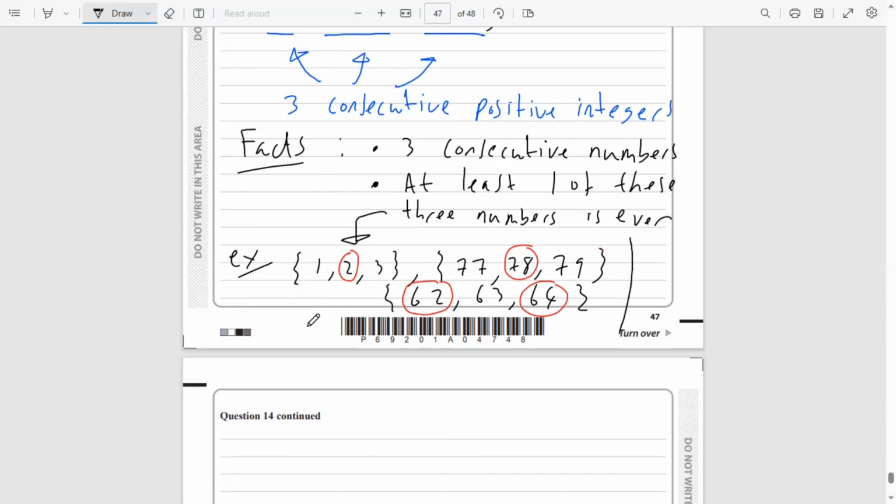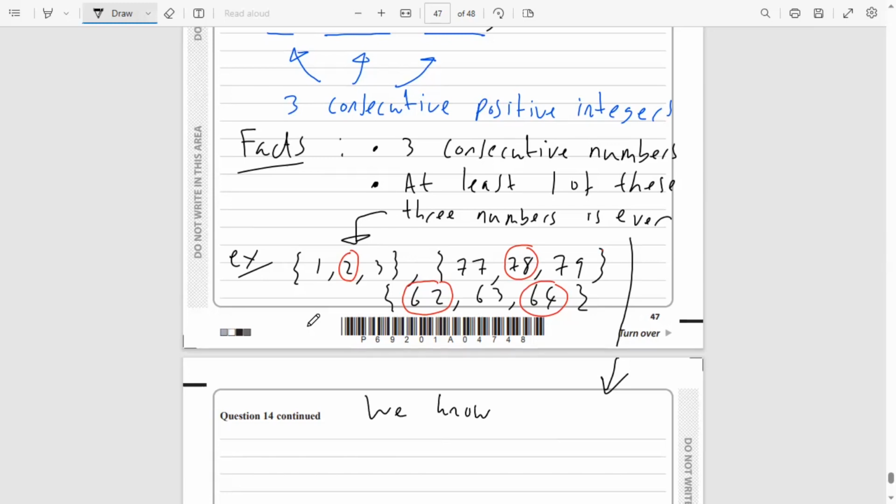So what we can conclude from here is that when we times together 3 consecutive numbers, the product must be even because at least one of these numbers is even. Let's just make this really clear.